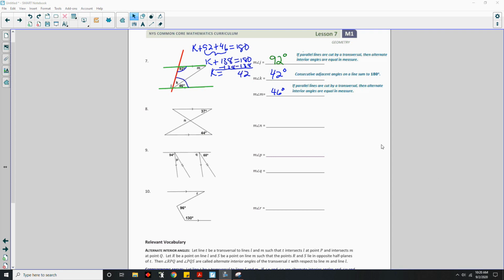Okay, so now let's move on to number 8. I'm going to take what I have up here and mark my parallels with these greens. And I'm going to use this red one as my transversal.